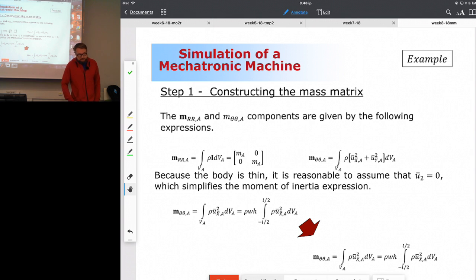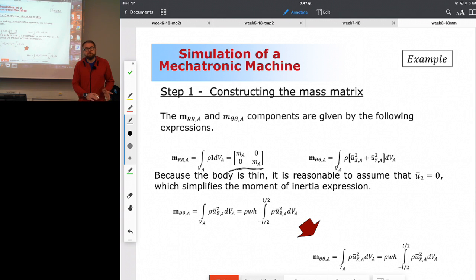So step number 1, construction of mass matrix. We're not going to look at the details because you know how to make it happen. You know that the mass matrix in this case will be a matrix where the dimensions are 3 by 3. Clear. No surprises here. It's going to be very straightforward. We first calculate the matrix associated to translational coordinates.